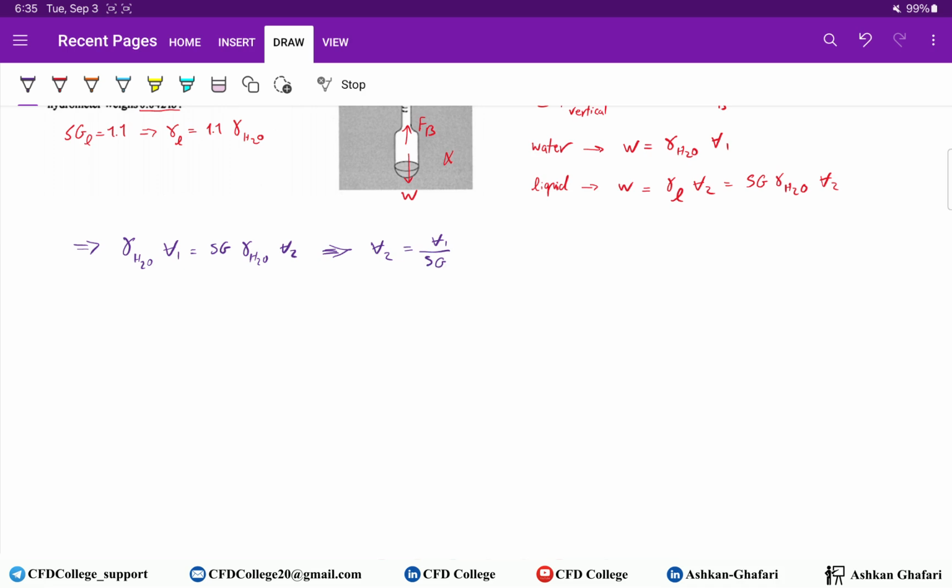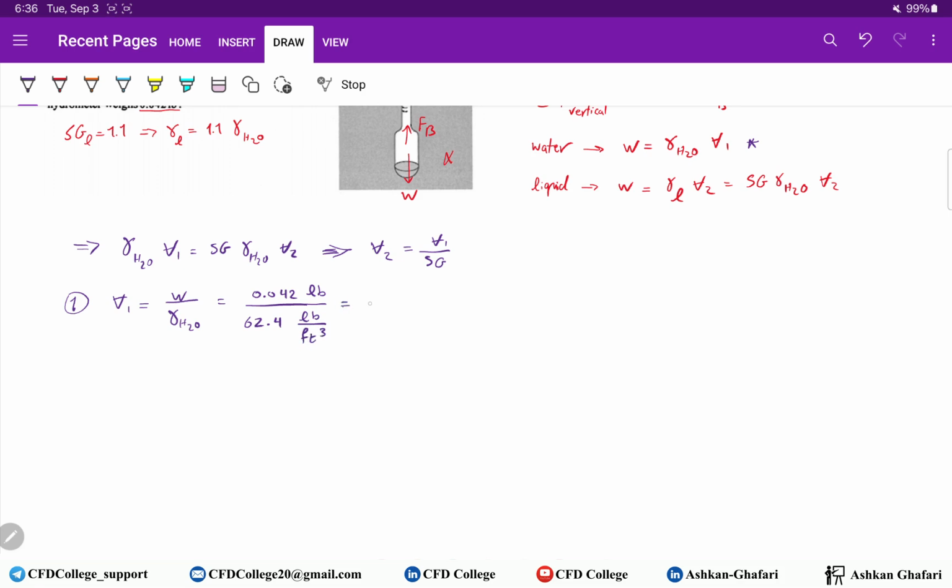We know the weight of the object. So for the first situation where we have water, we can find V1. V1, the volume, equals W divided by gamma of water from this equation. So we know the weight, 0.042 pounds, per gamma, which is 62.4 pounds per cubic feet.